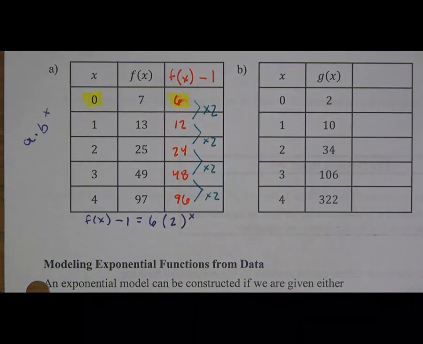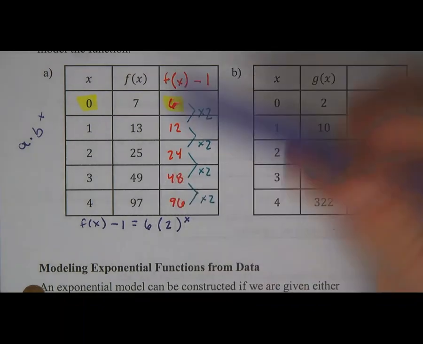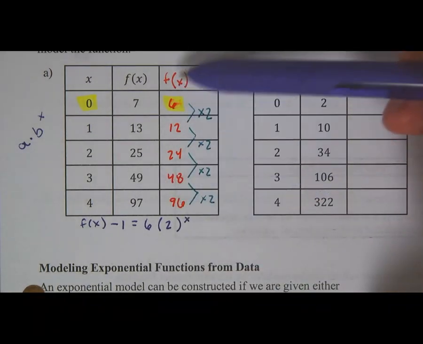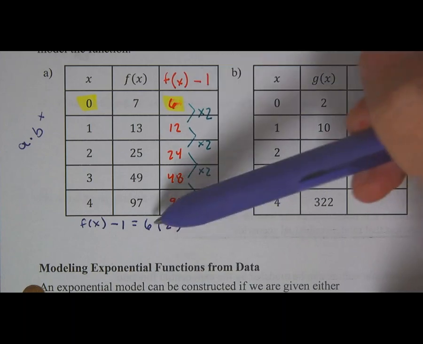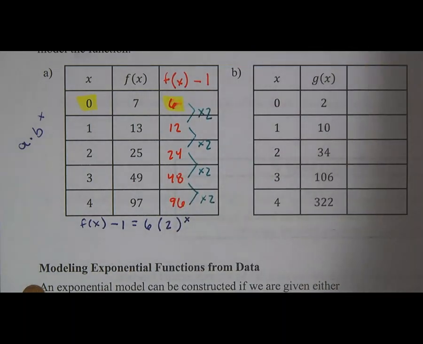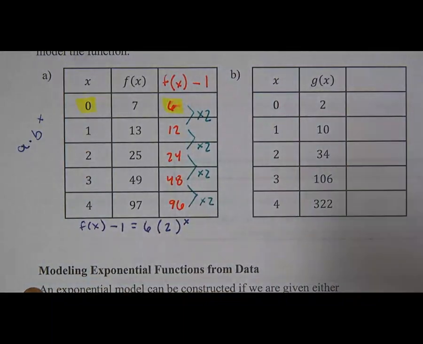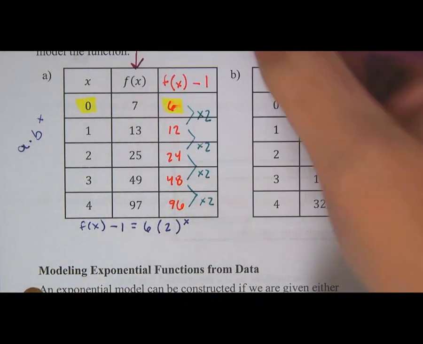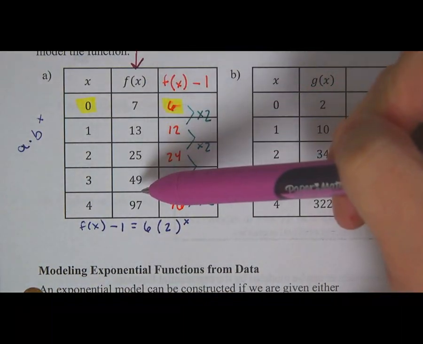That's what makes it exponential. So for this red column, this f of x take away 1, here is the function model. But I really need to write a function model for just plain old f of x, okay?